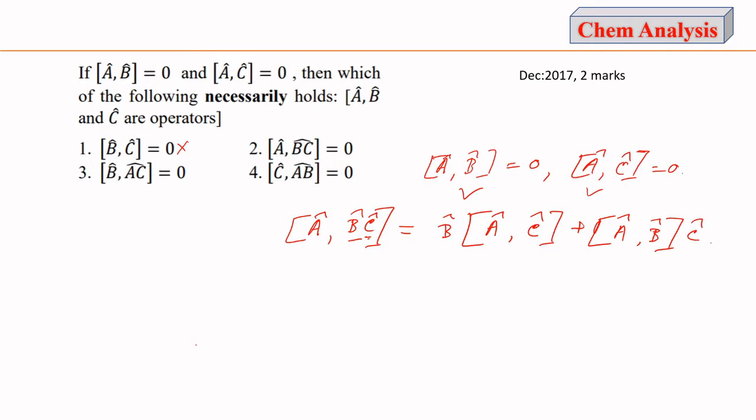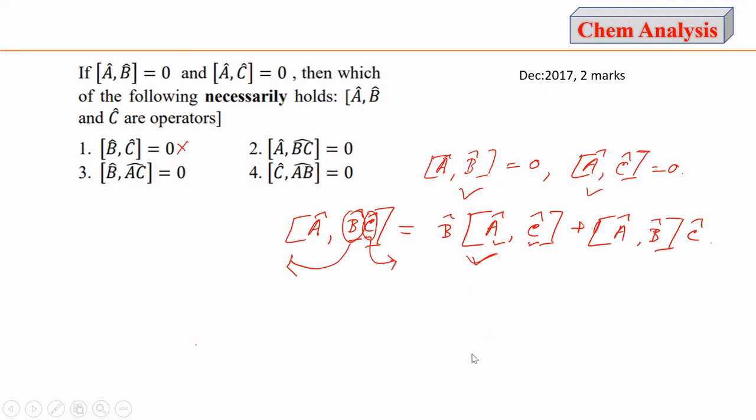In the first term we are bringing the B operator out of the commutator, and since B is out of the commutator bracket, it will remain as the commutator of A and C. And in the second term we can bring out the C operator out of the bracket, and since C is on the right side, after bringing it out of the commutator bracket it will remain on the right side. And in the first case, B in the multiplication is on the left side, so while bringing it out of the commutator bracket it will remain on the left side.